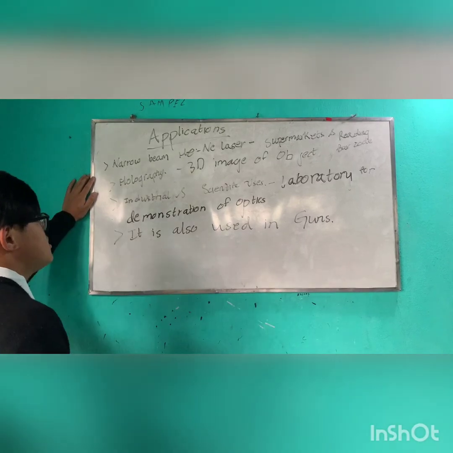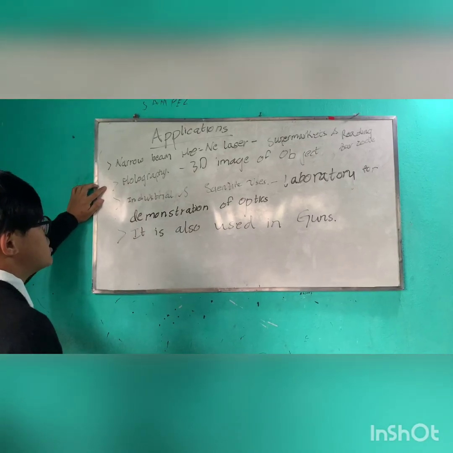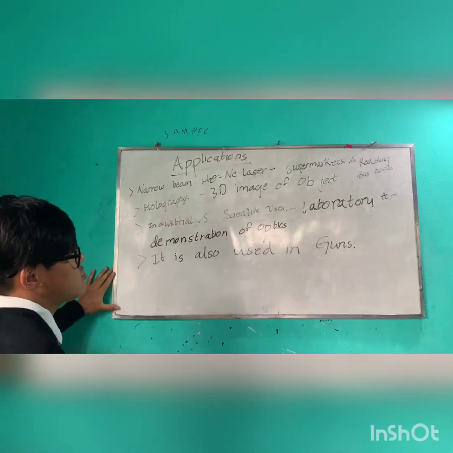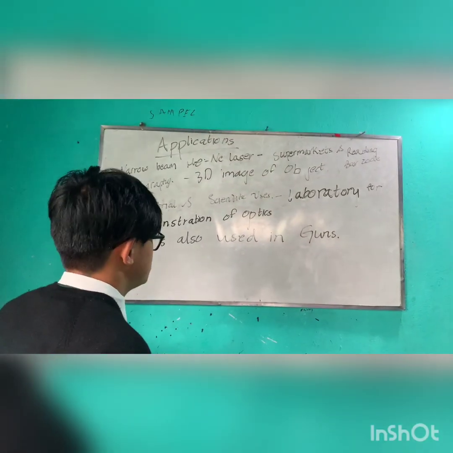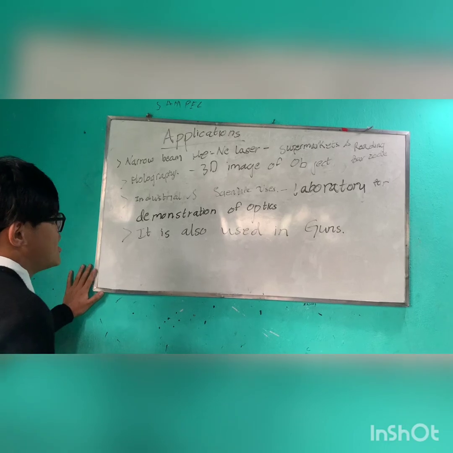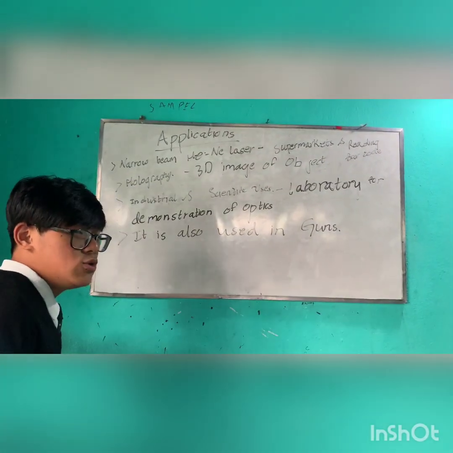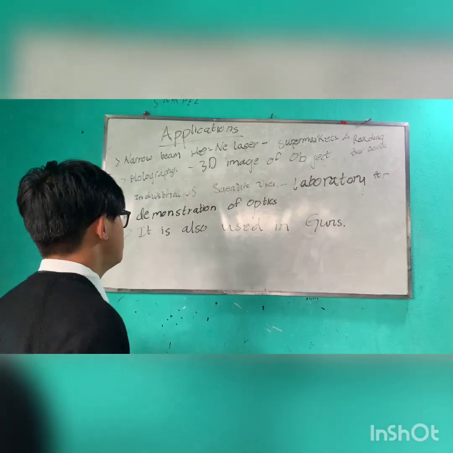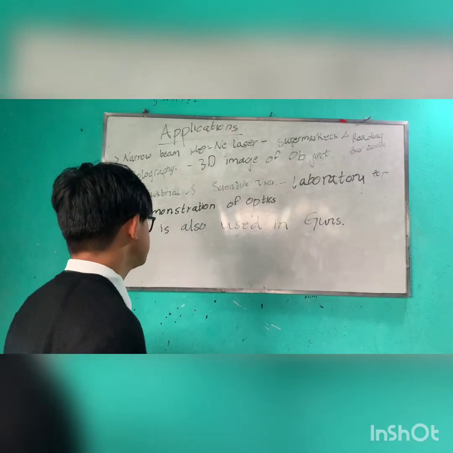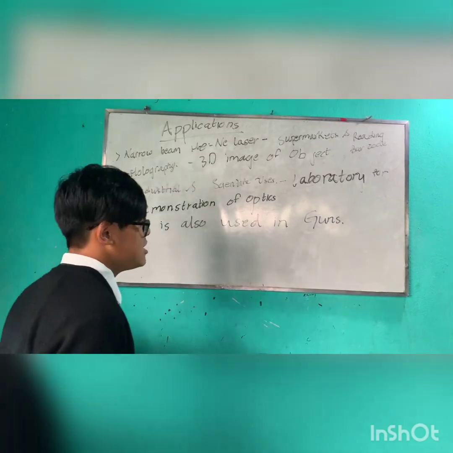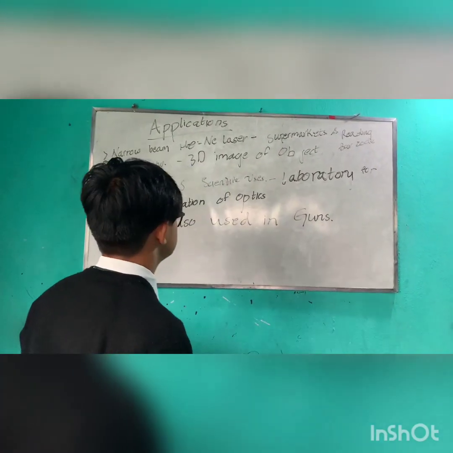The second is holography, which helps in producing a 3D image of the object. Third, it has many industrial and scientific uses, but it is mainly used in laboratories for demonstration of optics. And last, it is used in guns for aiming and various purposes.